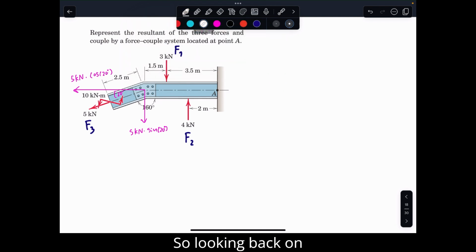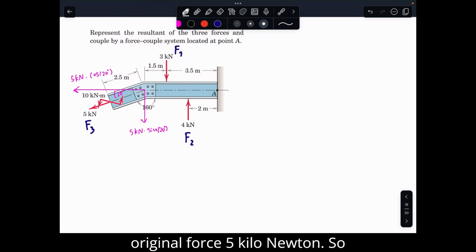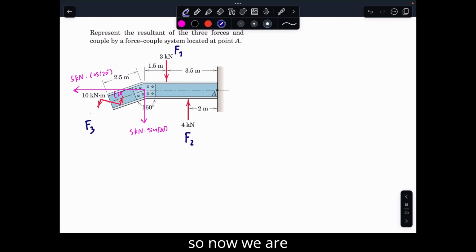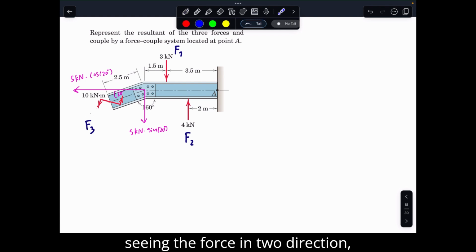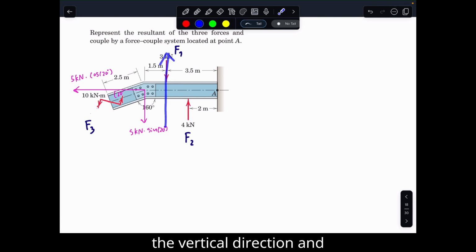So looking back at the original 5 kilonewton force, to avoid any further confusion, I will remove this force. Now we are seeing the force in two directions, the vertical direction and the horizontal direction.